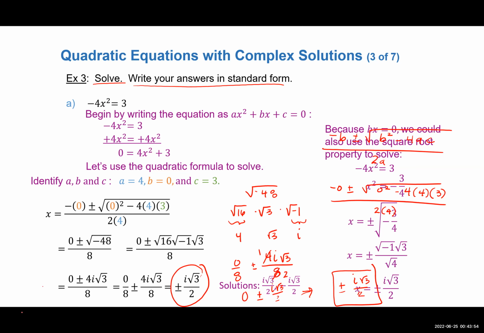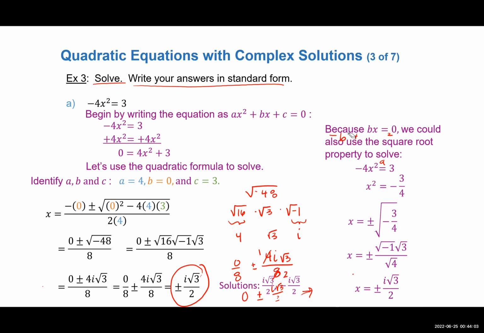Okay. And we could have solved it using the square root property like I first started out. So let's look at that way. Okay, I'm going to actually go backwards. So in this way, you're going to divide by -4 first, because again, you can only use this property when you only have one term with the x in it.